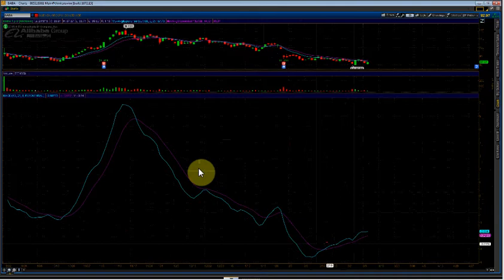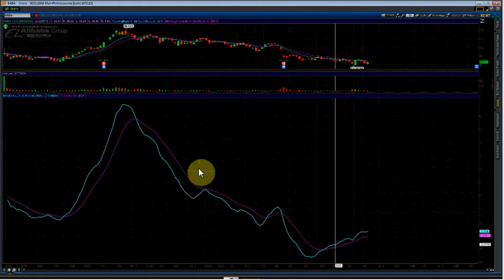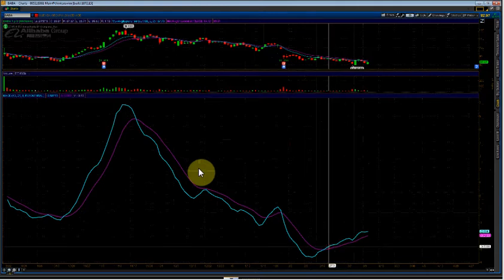Let's think about it in the terms of stuff we trade. We trade a lot of options here, right? So I have time to wait for this to go up. Can I just suck it up and wait?